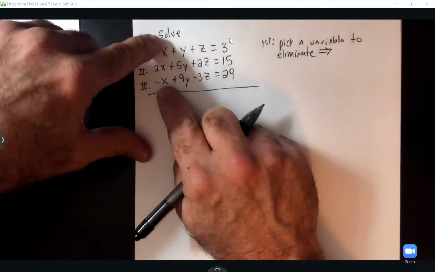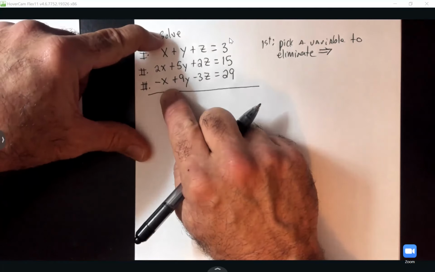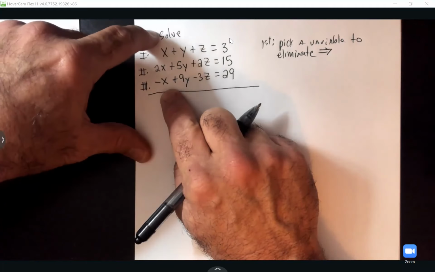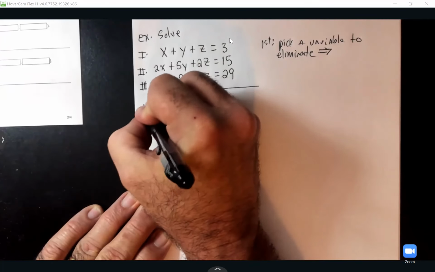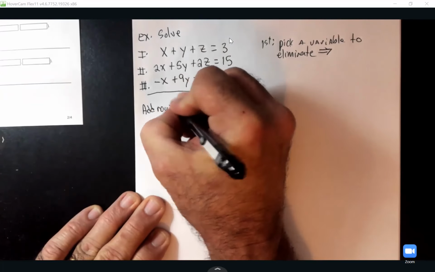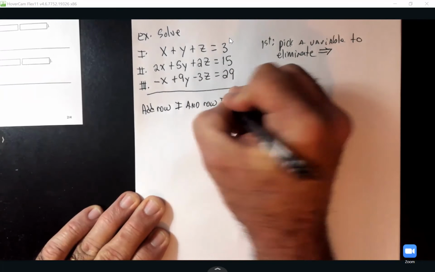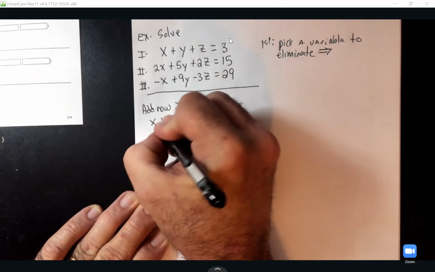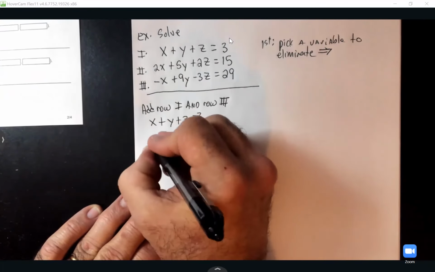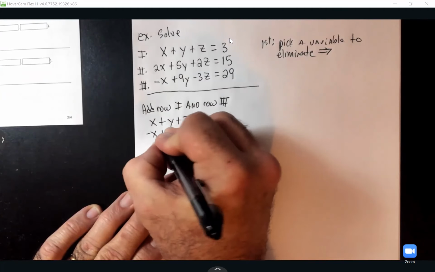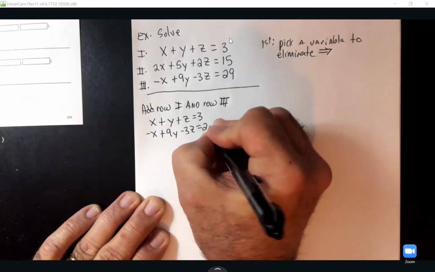Okay, because right off the bat, if I take row 1 and row 3 and add that, those X's will cancel, right? Because you got a positive X and a negative X. So my first thing I'm going to do, I'm going to add row 1 and row 3. So row 1 was x plus y plus z equals 3. Row 3 was negative x plus 9y minus 3z equals 29.